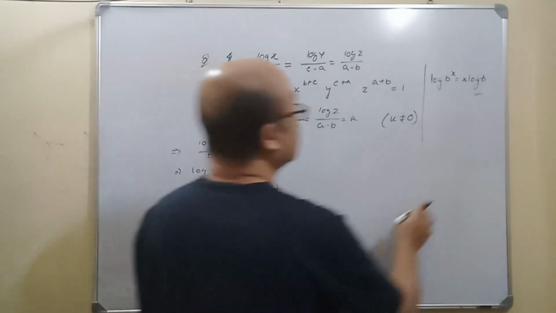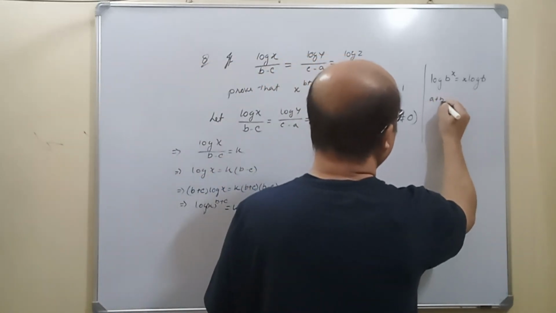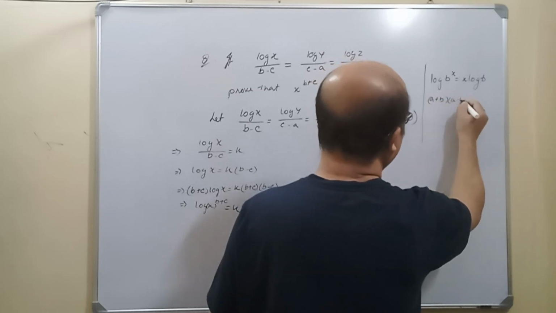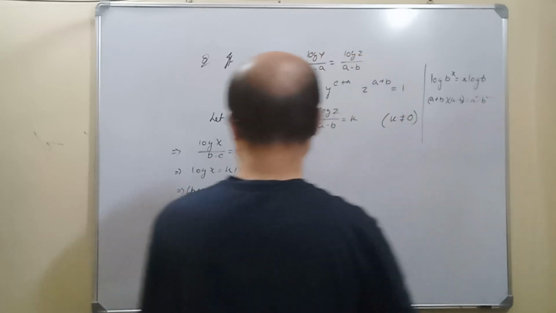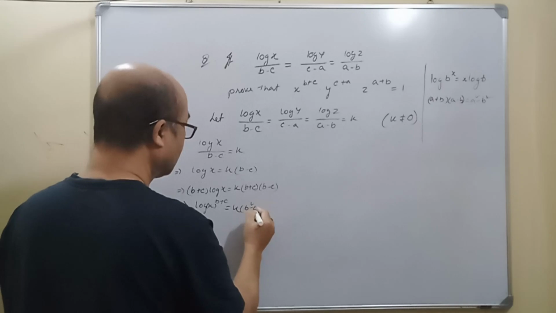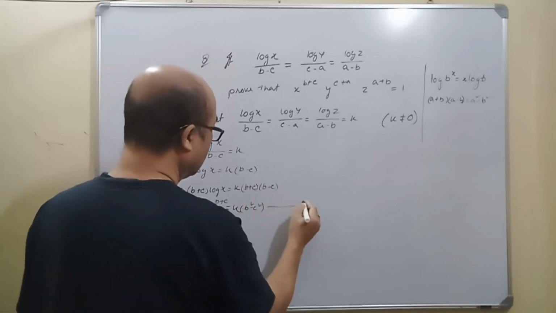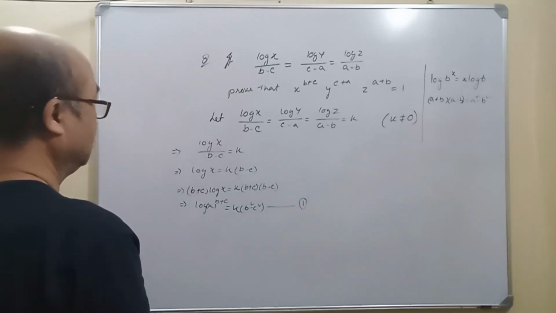Again, using the formula a plus b into a minus b is equal to a square minus b square, this is equal to k into b square minus c square. Give it equation number 1.